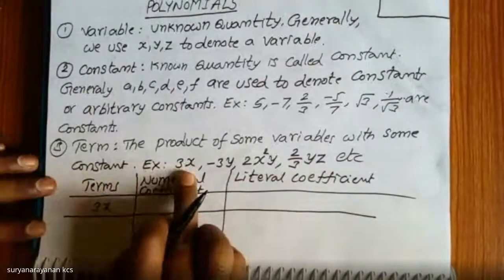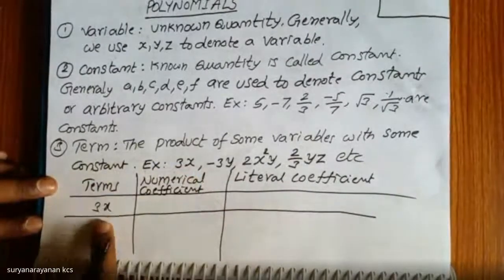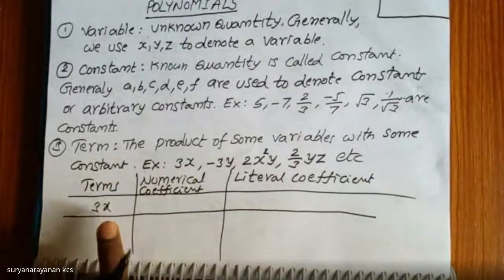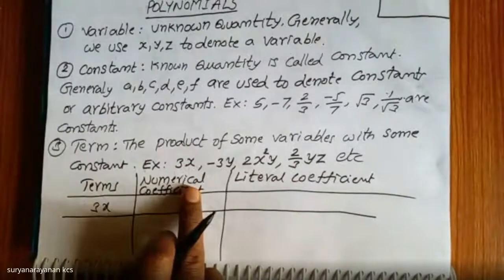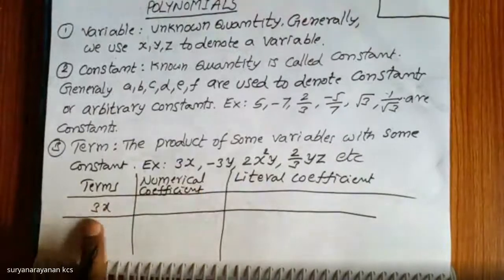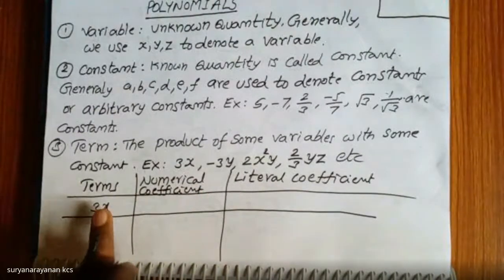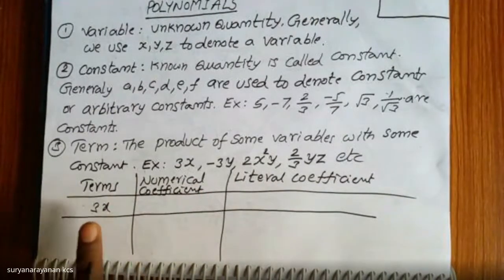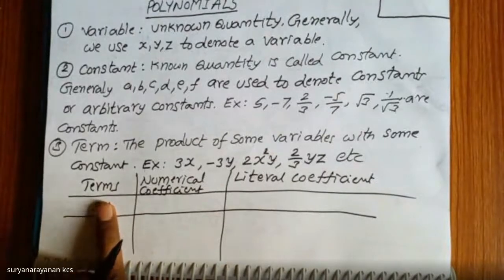Let us take this first term 3x. To know the numerical coefficient, or we can simply say the coefficient of the term, sometimes we use this term also, coefficient of the term. What is the coefficient of the term? Close all the literals, all the letters in the term.